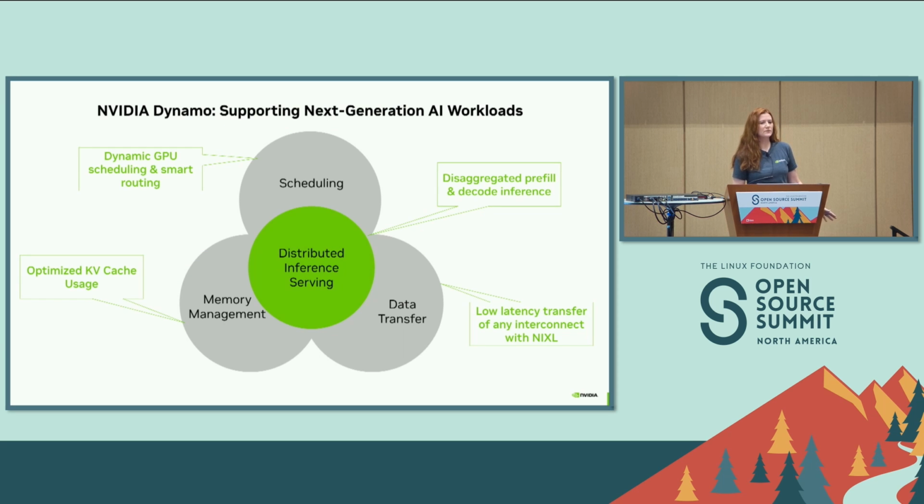So our engineers and tech leadership try to approach it from three different perspectives: scheduling, memory management, and data transfer. When they think about scheduling, they think not only about how we schedule a request to a different GPU, but also how we schedule what GPUs do what.